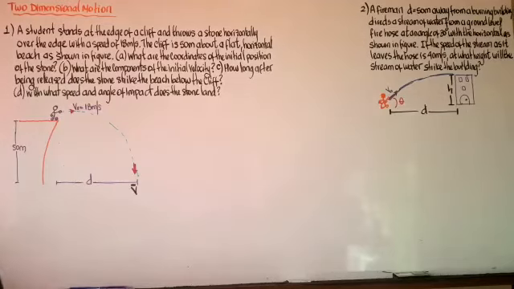And in letter D, they're asking what the speed and angle of impact are when the stone lands. In simple words, the magnitude and direction of the velocity.